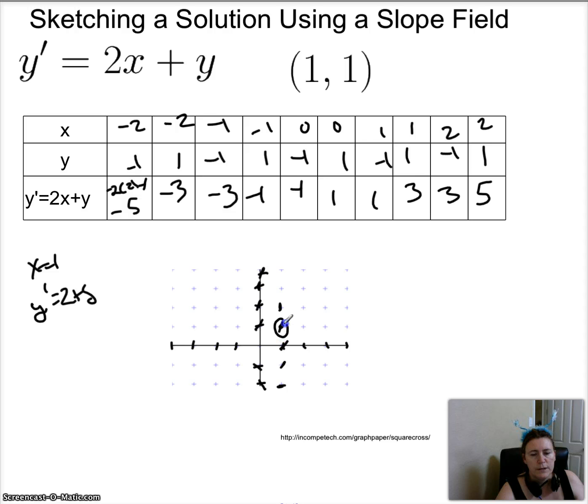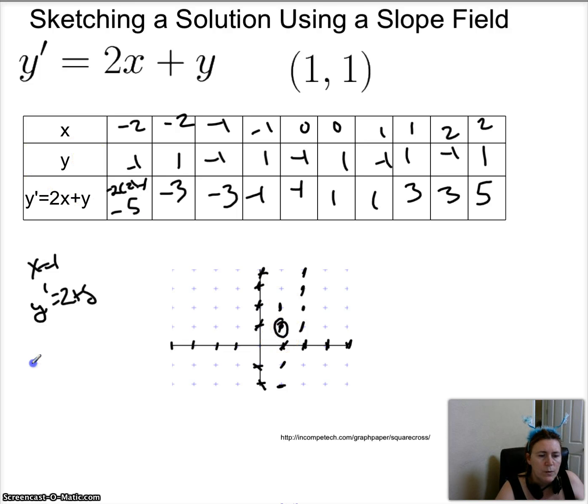Now I'm looking at this one right here, so I'm going to sketch this over. Now you can see as you continue doing this, when y is 0, it's always 2x, so these are going to get really steep pretty fast. And even with your graphing things, it gets very, very challenging.